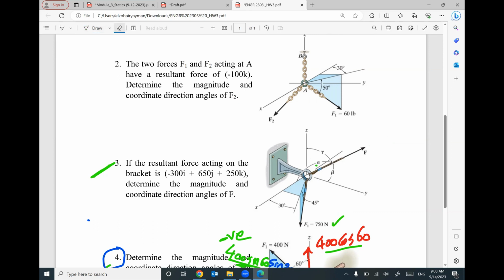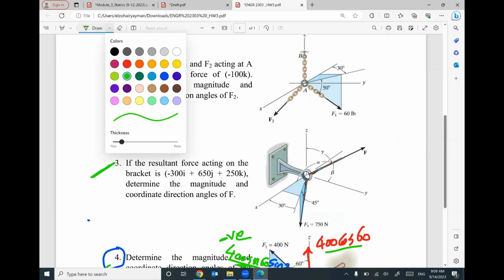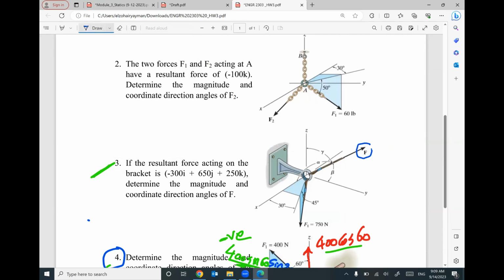Guys, just to give you a hint, if you have a force without any given information to help you figure it out, you can assume your force as Fx, Fy, and Fz. That's it. This is for F, because everything is unknown. I'm not given anything about F. The value, the angles, or anything is not given.